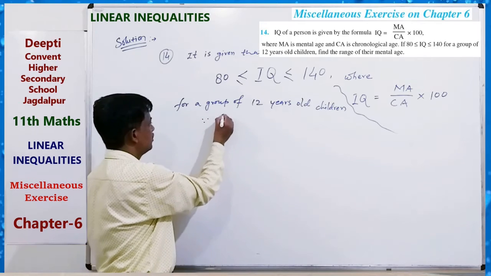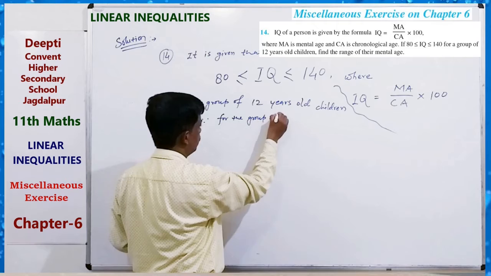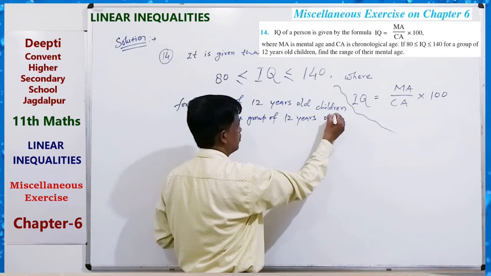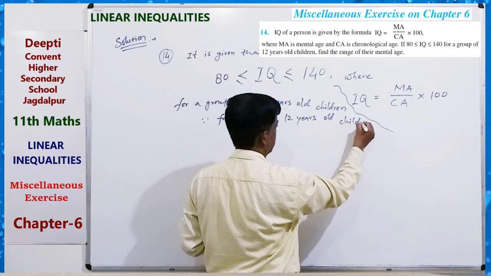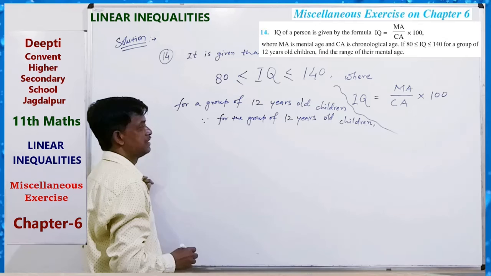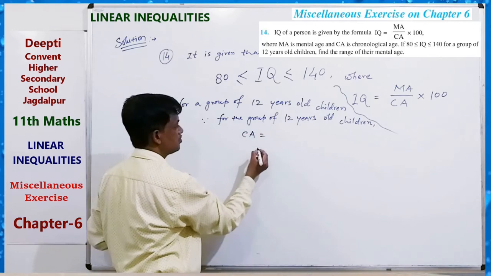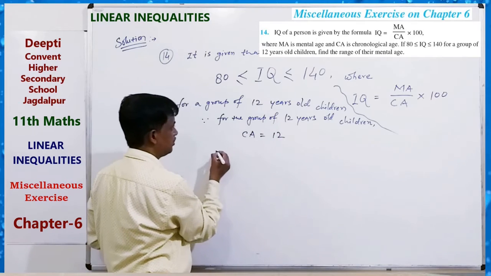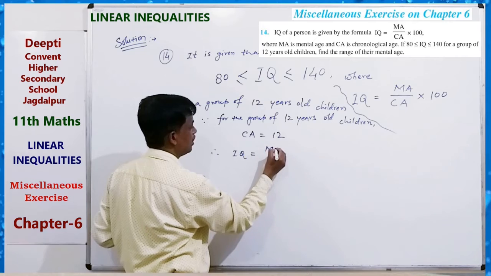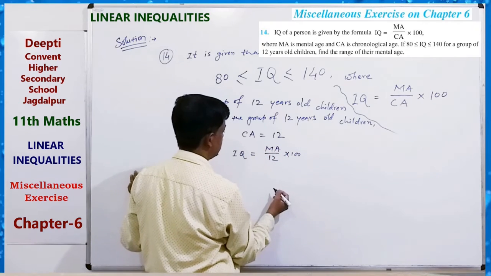Since for the group of 12 years old children, CA equals 12. Therefore, IQ equals MA upon 12 into 100.